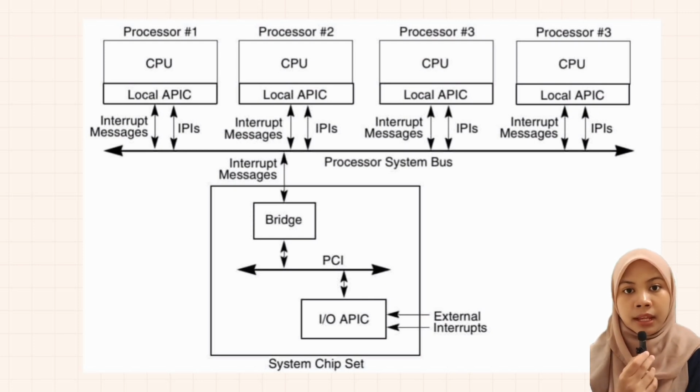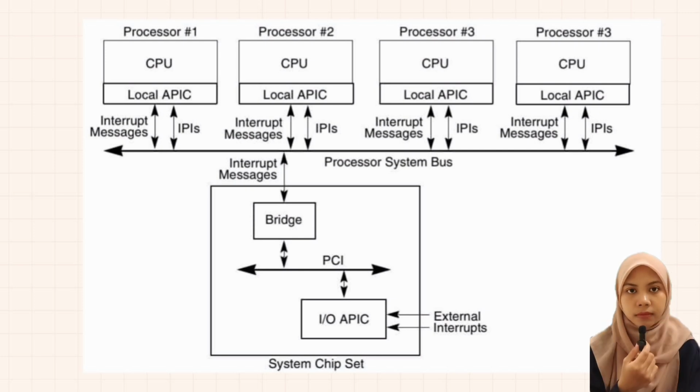Even though APIC handles interrupt routing more efficiently now, the diagram includes PCI to show where the signals used to originate from and how they stay interfaced through the bridge. In summary, the bridge allows all these different components, including the I/O APIC and PCI devices, to communicate with the CPU smoothly. Without it, data from all the buses would not reach the processor efficiently.